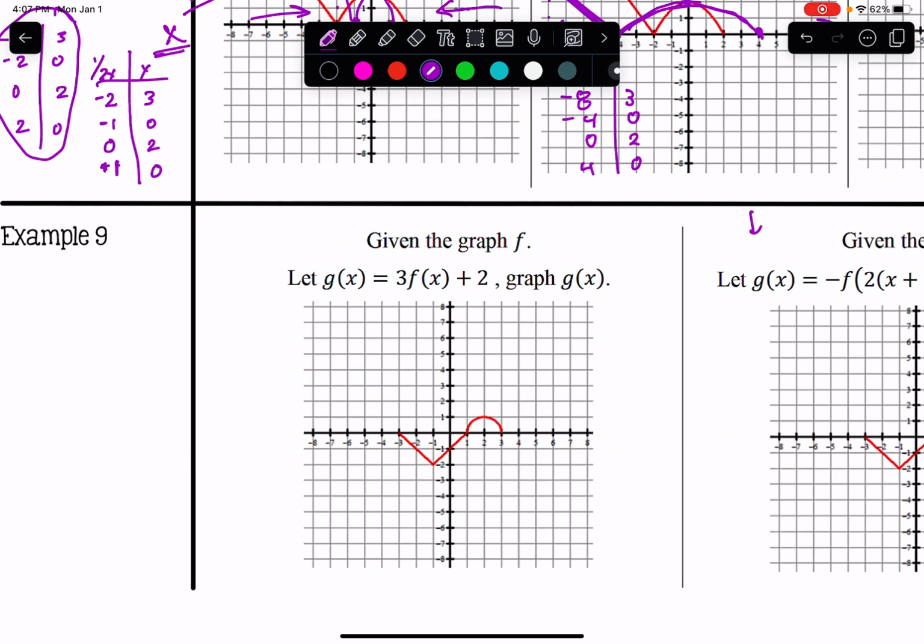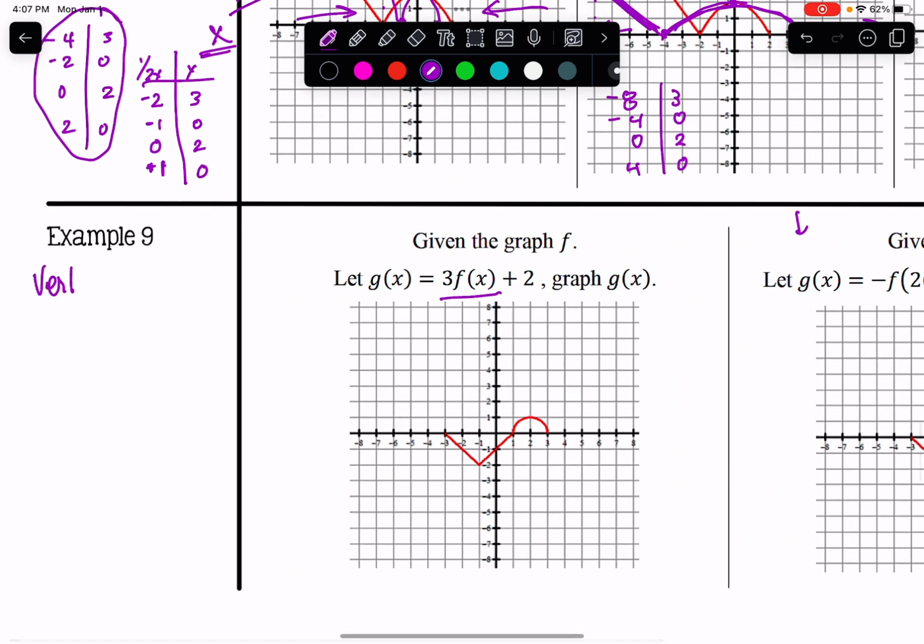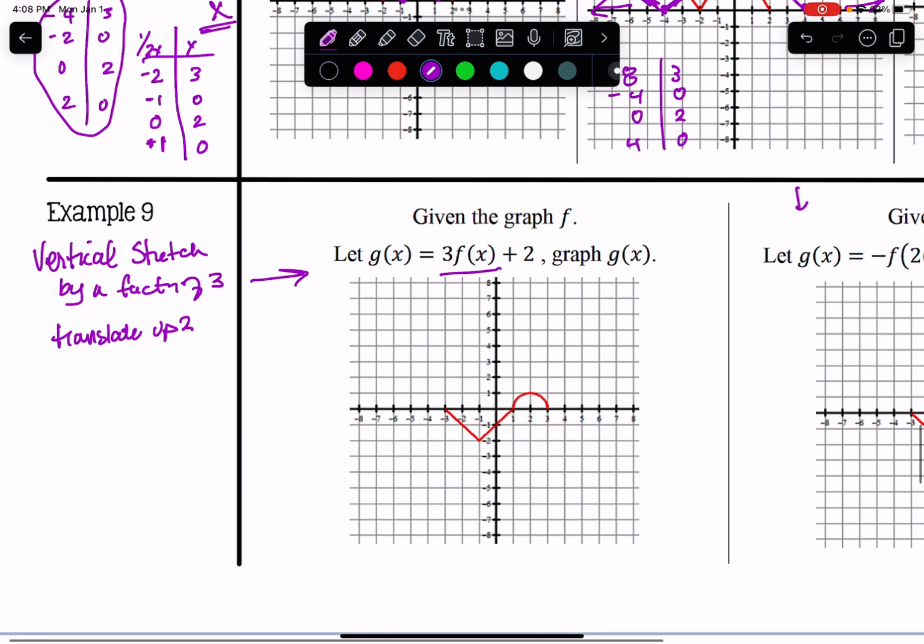Okay, so we have several things going on. We have a vertical stretch by a factor of 3 for this one, and then it's translated up 2.